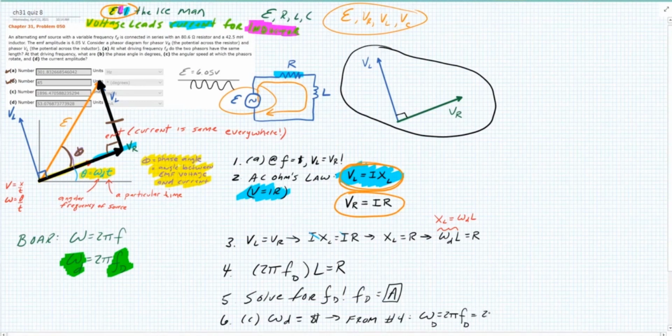So it equals 2 times pi times calculator memory location A. Let's do that. 2 times pi times A. Okay, 1896 and some change. And it wouldn't be hertz, it would be radians per second. Done with C.